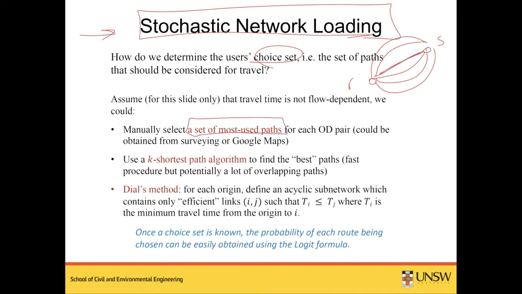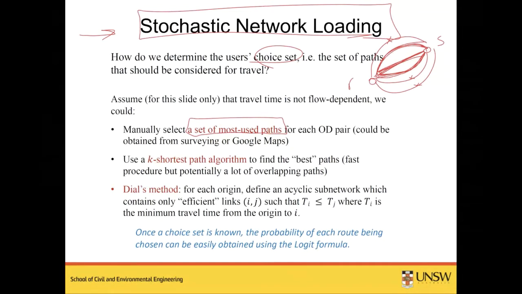I can just select, for example, this one and this one and this one that are more likely to get selected, and ignore the other routes because maybe they're just too long, or their travel time is just too high, or maybe it's just unreasonable. Nobody will select that intuitively.